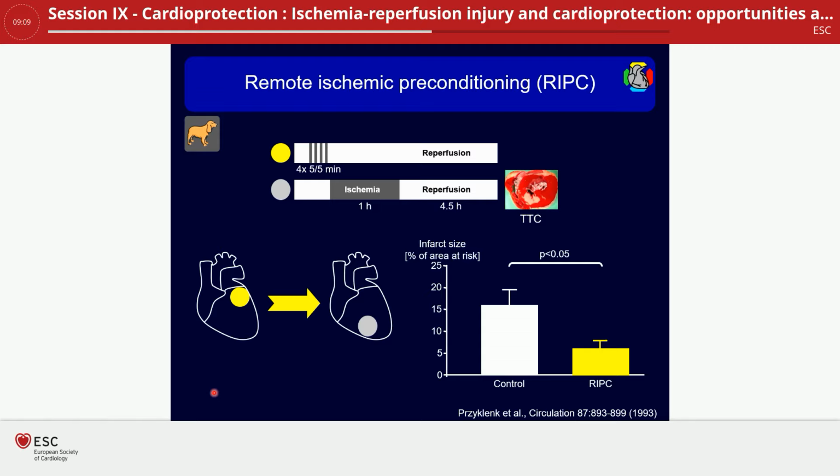And somehow these two vascular territories interacted because, again, the circumflex occlusion upregulated a protective program that was operative in the LAD perfusion territory, such that infarct size was again reduced.